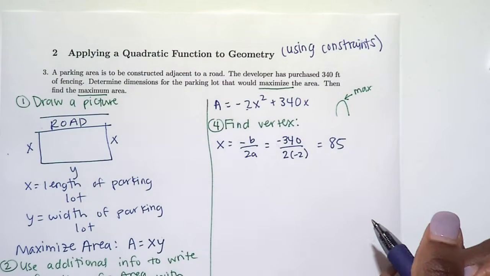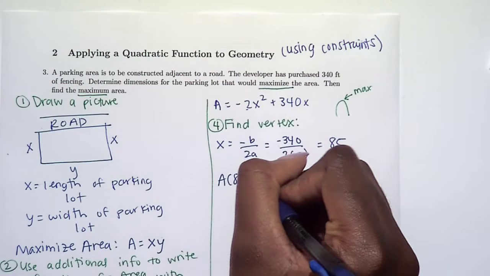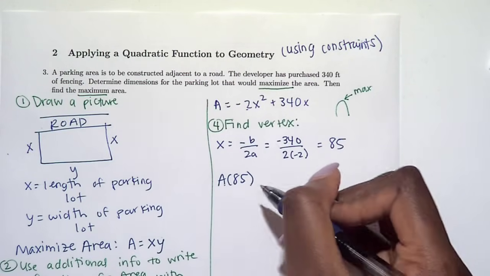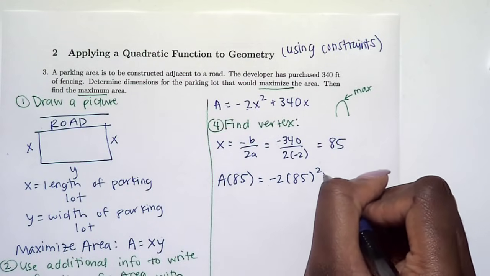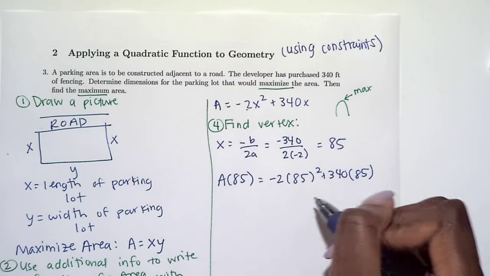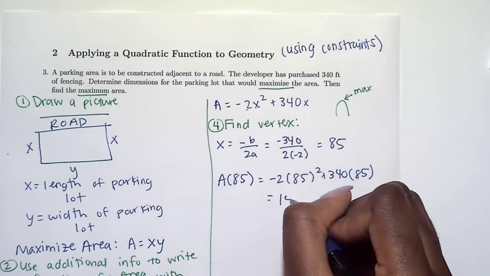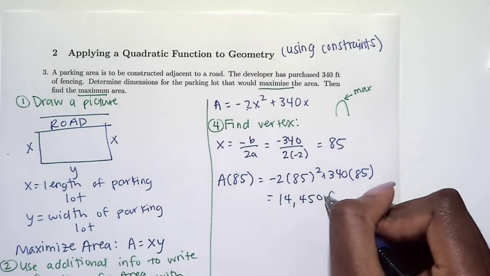All right, and so let's figure out what that area would actually be. We can plug 85 into our area. So this should be 14,450.